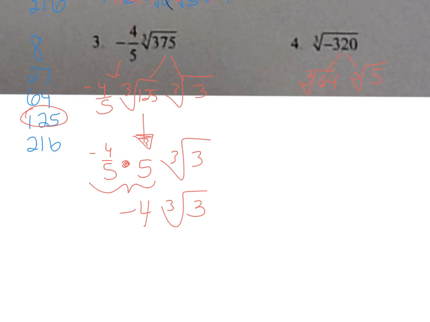Now, 64 times 5 is positive 320. We need negative 320. So I want to give the negative to my 64. I want to try to get it out of my radical. Don't put it with the number that you can't take the cube root of. So I have the cube root of negative 64, which is negative 4. And then I have the cube root of 5.